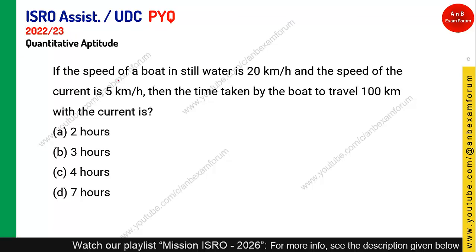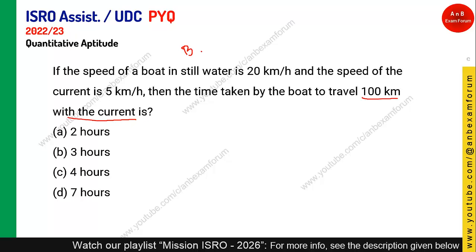The question says, if the speed of a boat in still water is 20 km per hour and the speed of current is 5 km per hour, then the time taken by the boat to travel 100 km with the current is what?